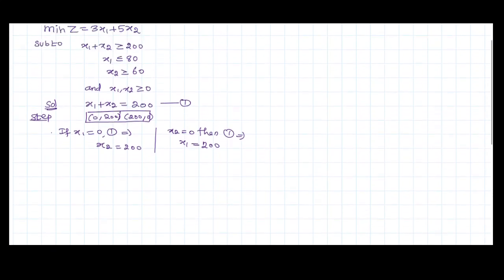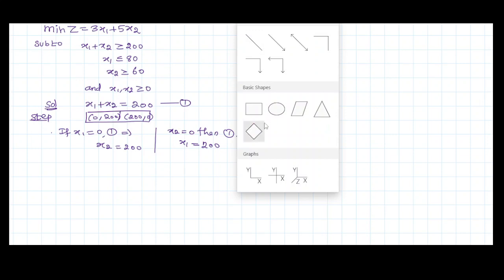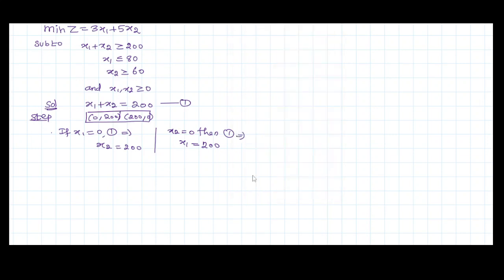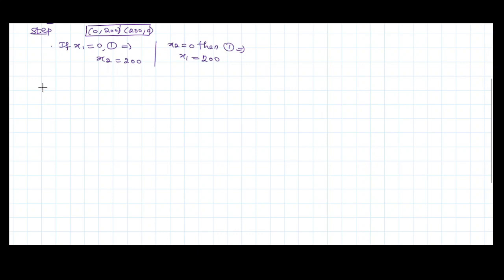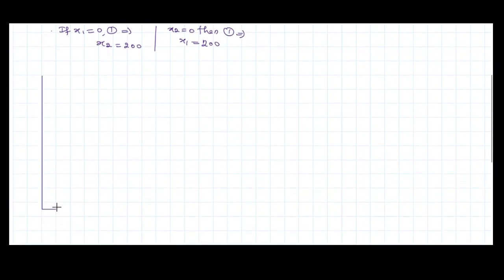Let us draw the graph. This is the x1 axis and this is the x2 axis, with the origin 0 comma 0.